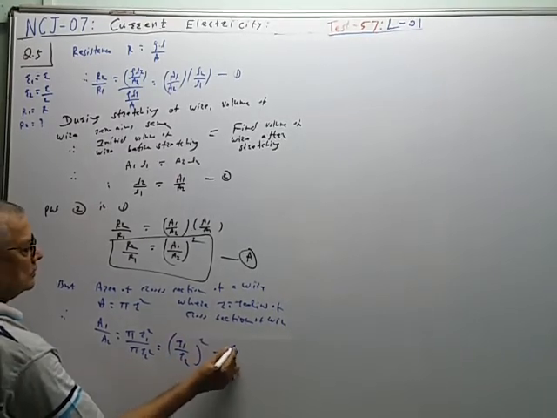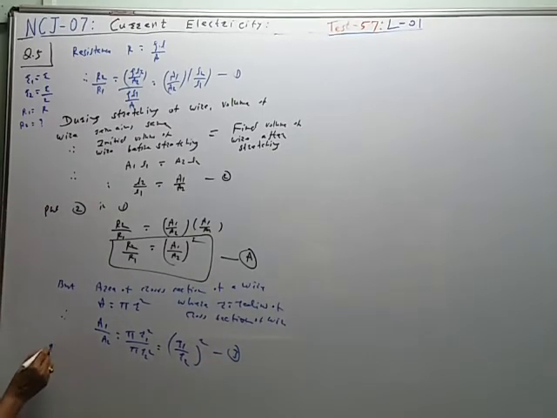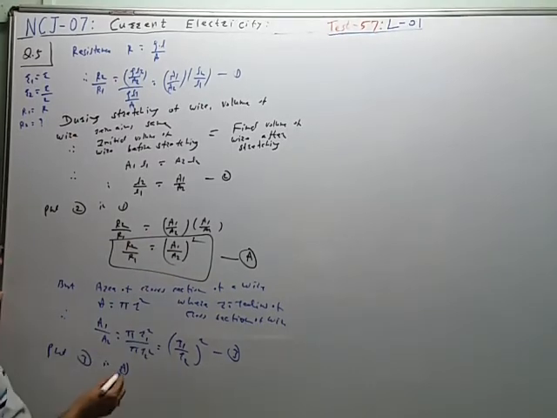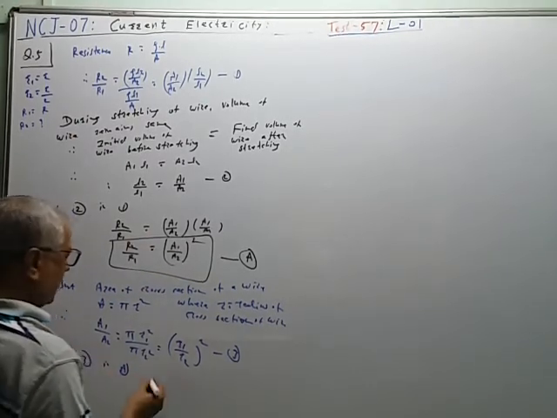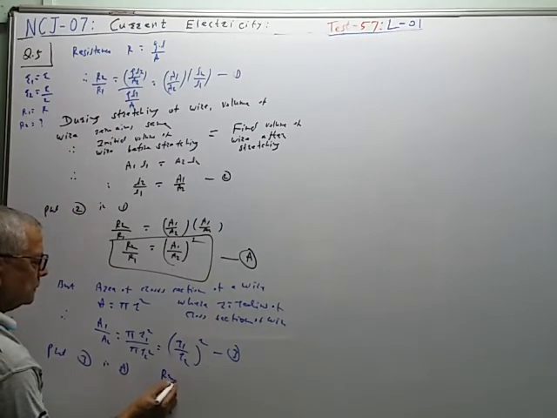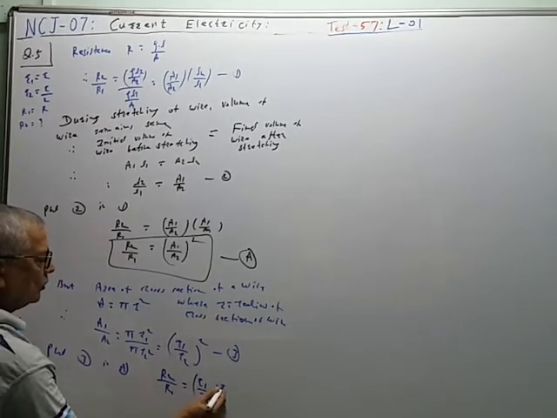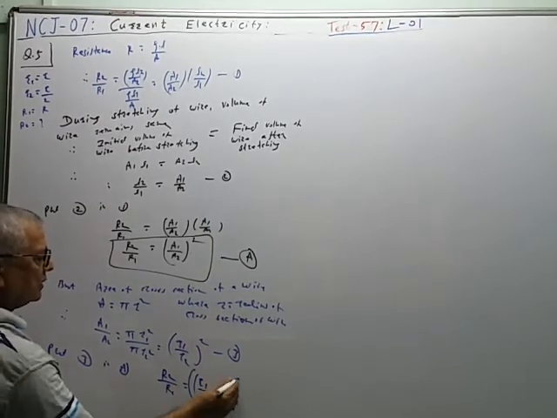This is equation 3. Put 3 in 2, substitute this value. Therefore, R2 upon R1 is equal to r1 upon r2 whole bracket square and then the square.